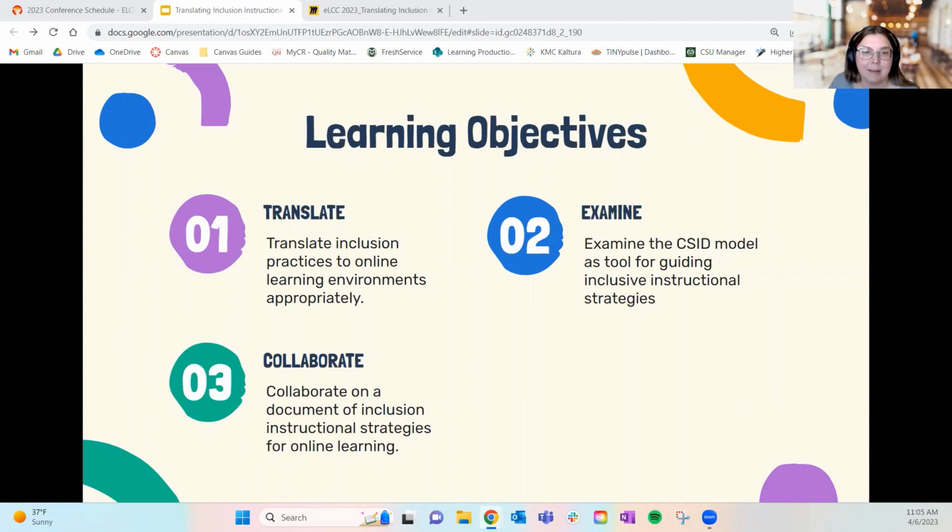We want to examine the CSID model, which is a culturally sustaining instructional design model, as a tool for guiding inclusive instructional strategies, knowing that one instructional strategy does not make an inclusive environment. And so how do we do that as much as possible? And then together, we'll collaborate on a document of inclusion instructional strategies for online learning.